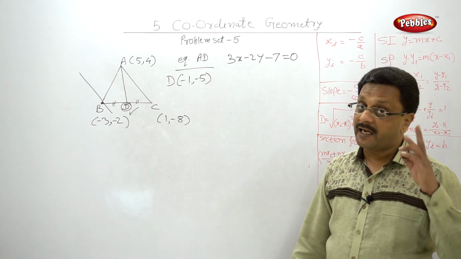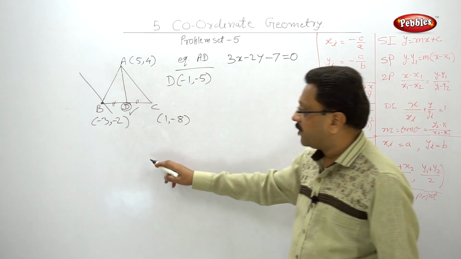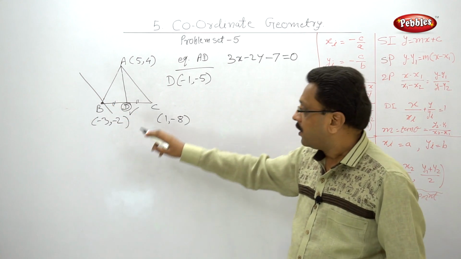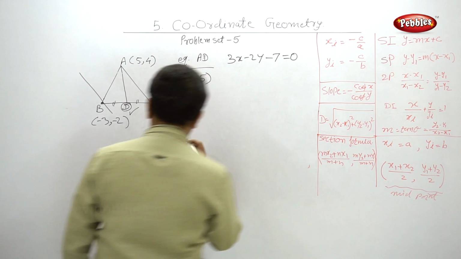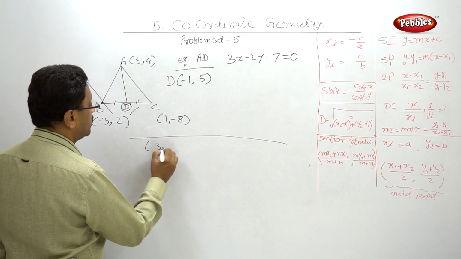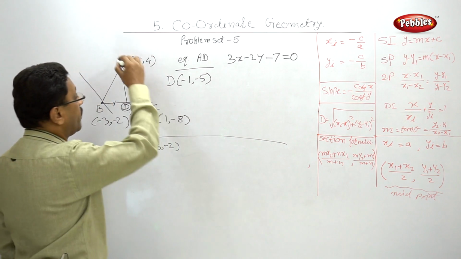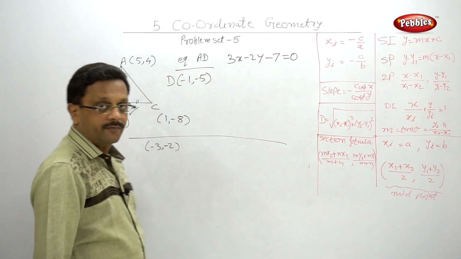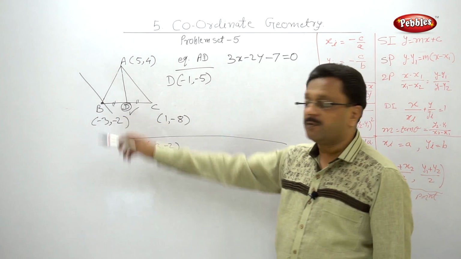Now let us solve the second part of it. In the second part, we have to find the equation of this line, the line parallel to AC and passing through B. So as the second part, you have 1 point, minus 3, minus 2. And now find the slope of AC. The slope of AC and the slope of this line will be the same.